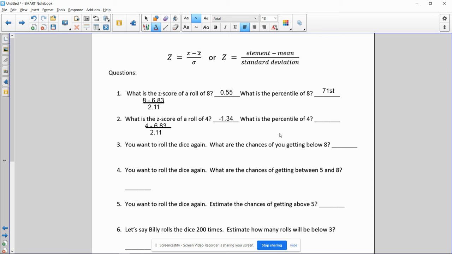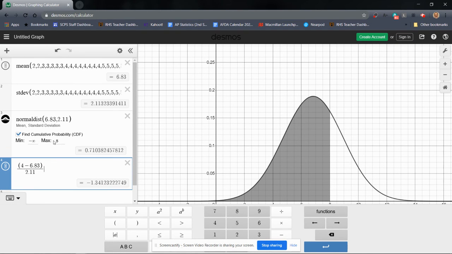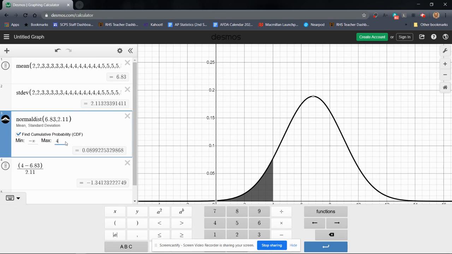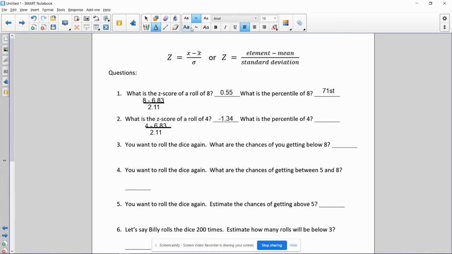And then my percentile for 4, negative infinity to the 4, is a little bit smaller of a shaded region. It's going to give me 0.089, or about the 9th percentile.